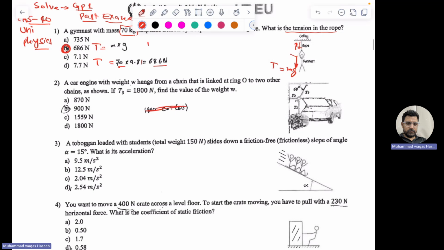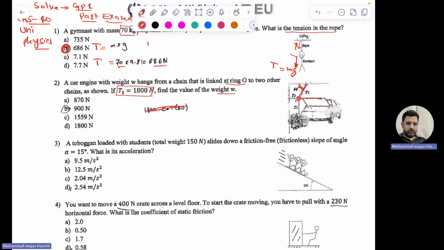Now the second question: a car engine with weight W hangs from a chain that is linked at this point O, and two other chains as shown in the figure, T1, T2 and T3. If T3 is 1800, find the value of the weight W. The chain makes an angle of 60 degrees.